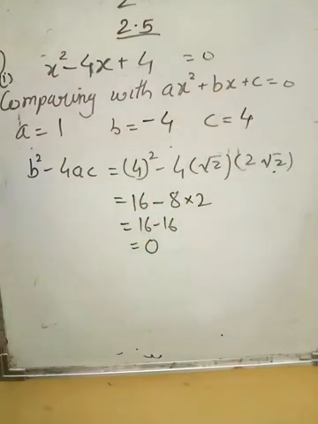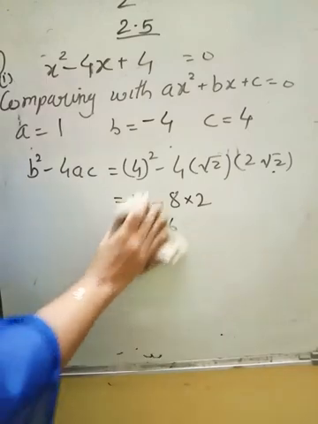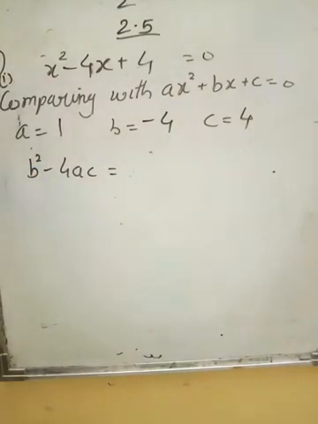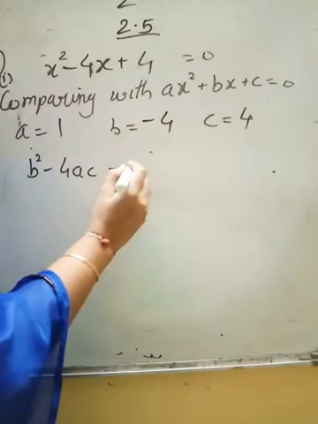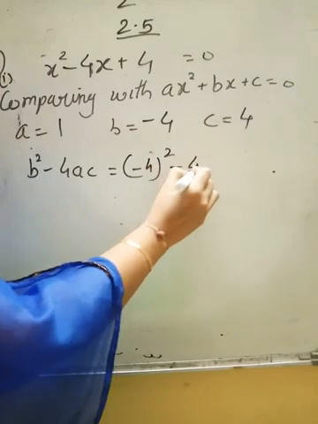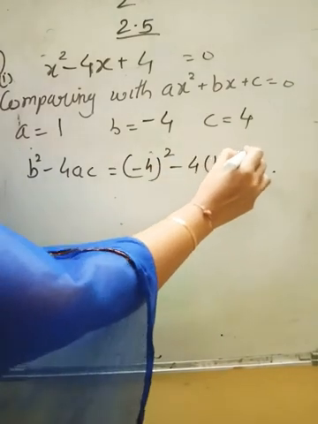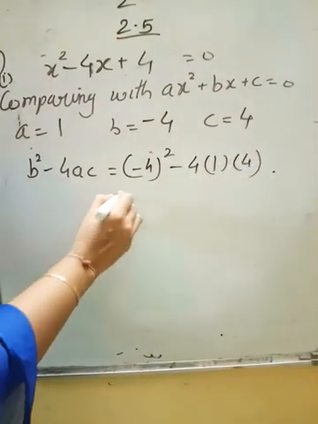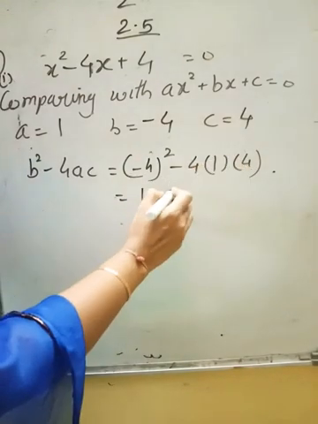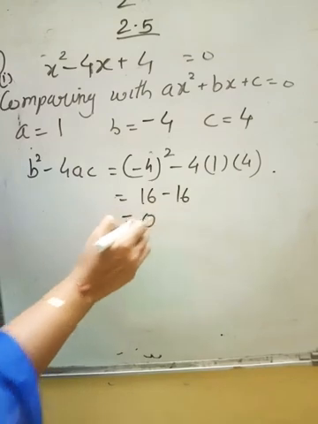So we will try to find out the value of b square minus 4ac. So that will be minus 4 the whole square minus 4, a is 1 and c is 4. 4 4s are 16 minus 4 4s are 16. So the answer came out to be 0.